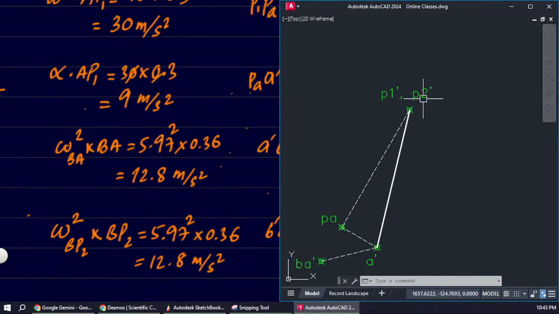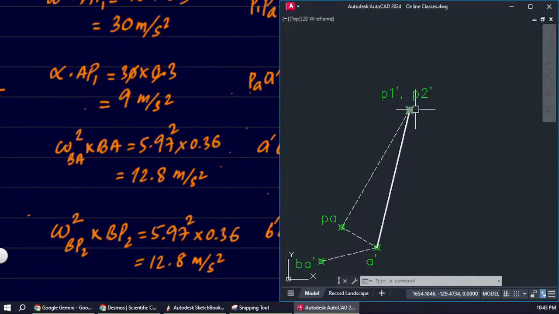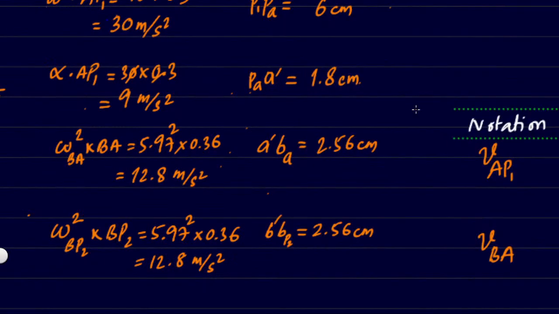Not B dash, because we don't have B dash, we have P2.